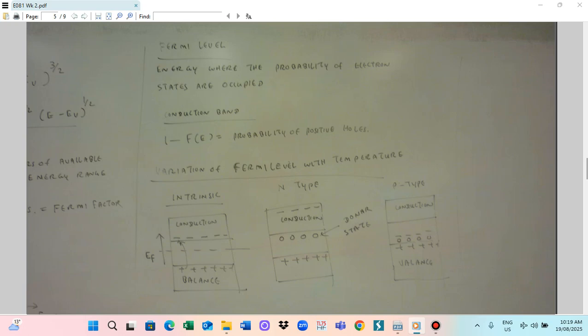So this we call the Fermi level. So in the conduction band, when the electrons are moving in the conduction band, we can calculate the equation for the conduction band. So in this case, 1 minus FE is equal to the probability of the positive hole.